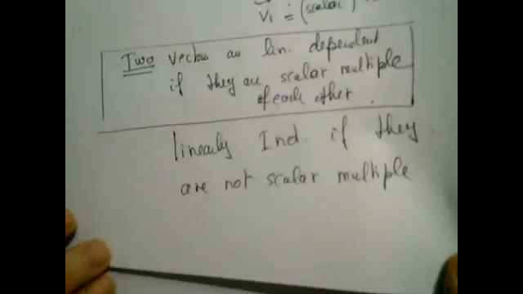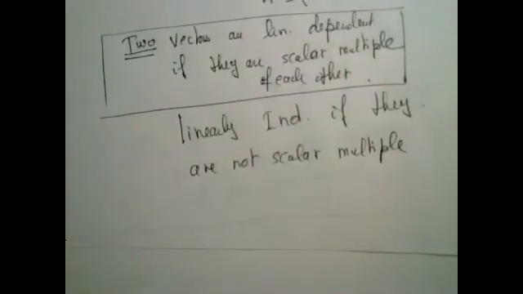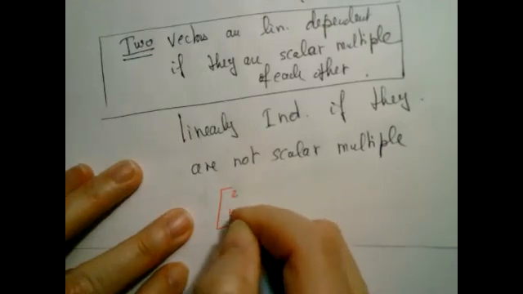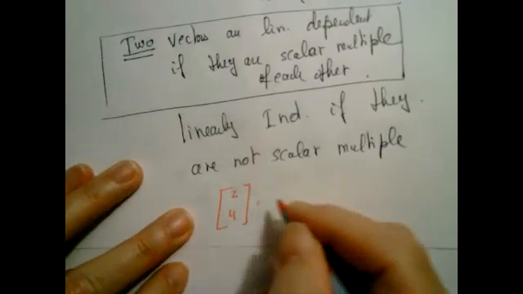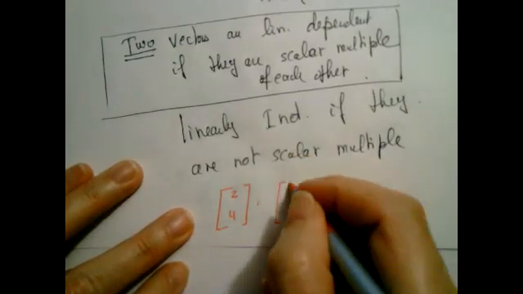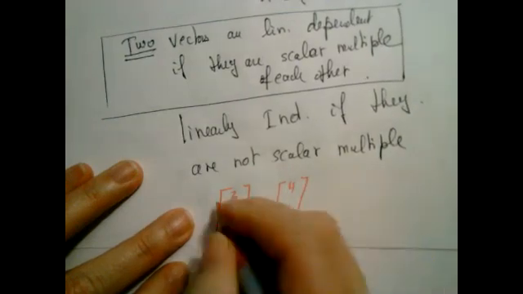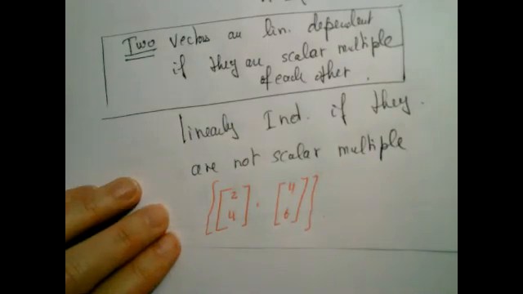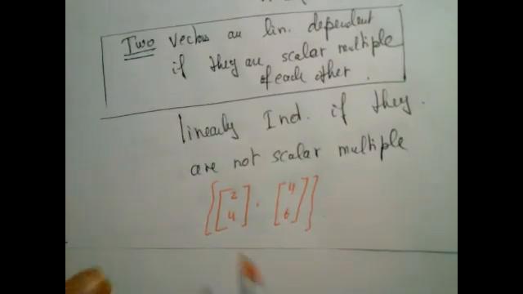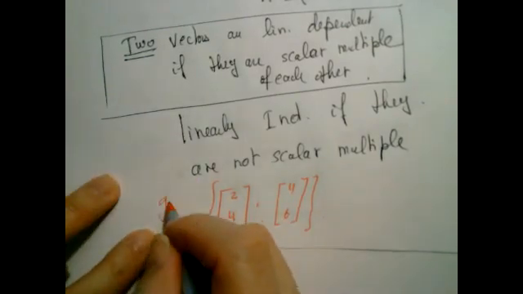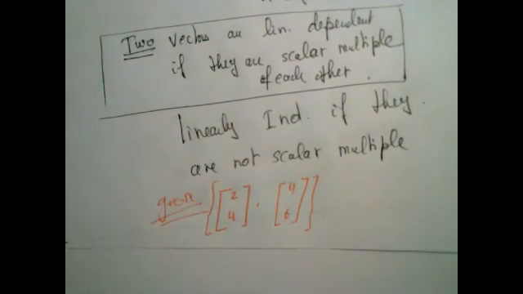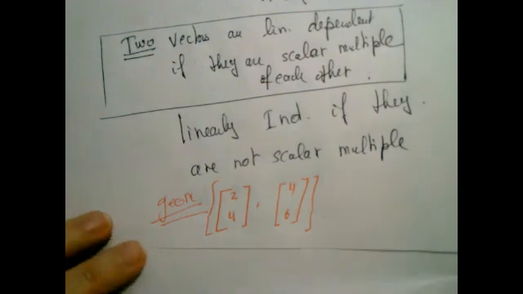Suppose I take the following two vectors, 2, 4, and I don't know, 4, 6. So we're going to do this problem geometrically and algebraically. Geometrically, are those two vectors dependent or independent? What do you think?